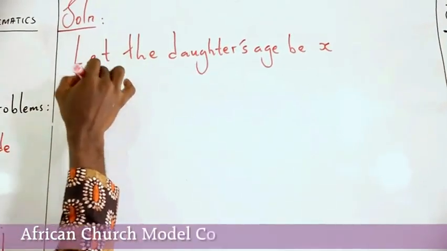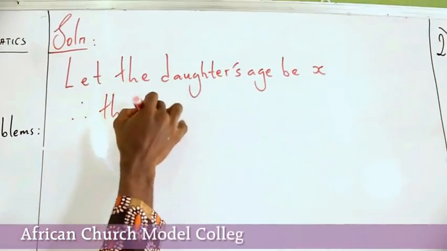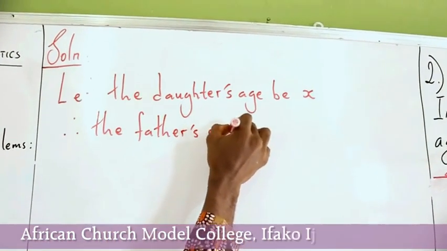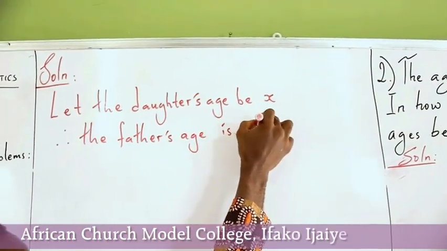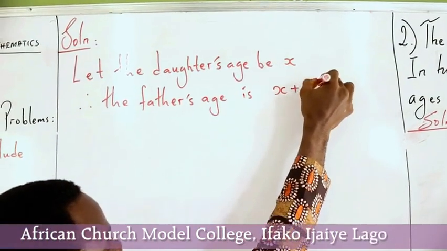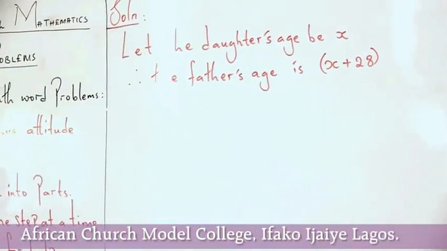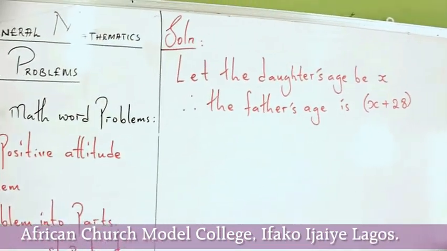So therefore, the father's age is x plus 28, according to the first sentence.